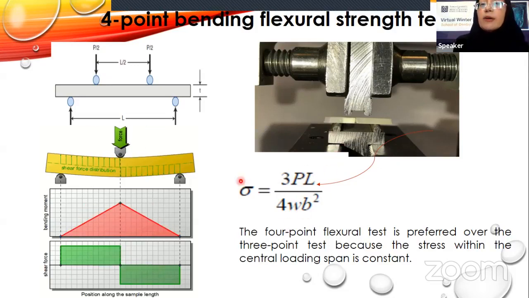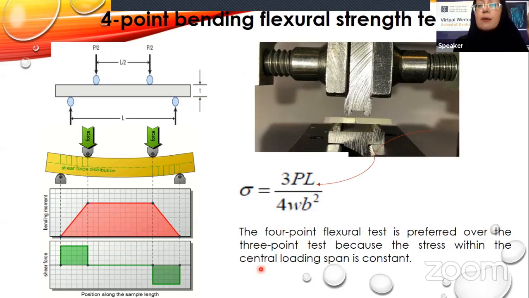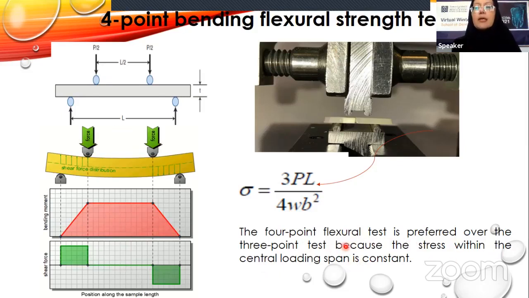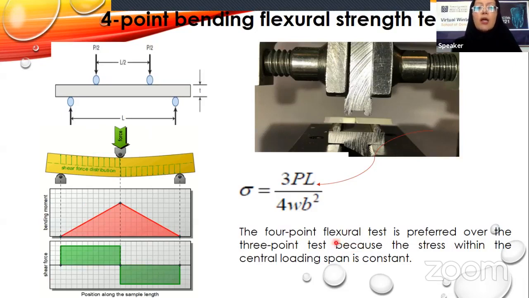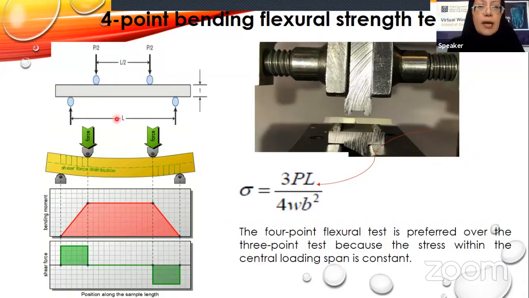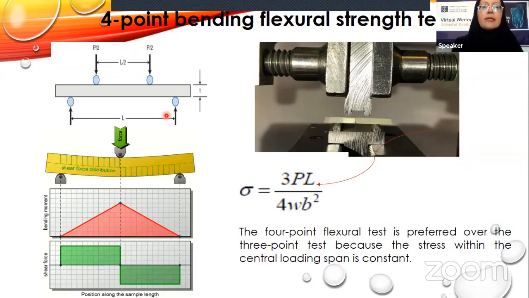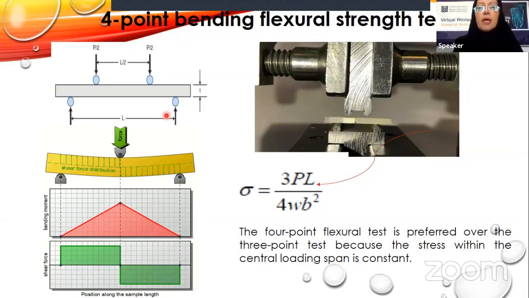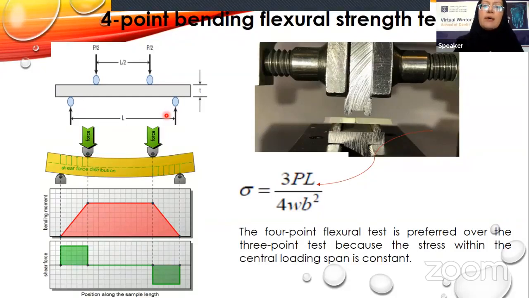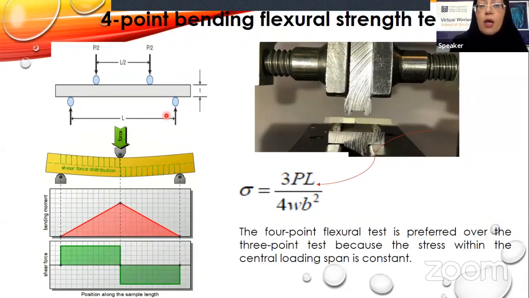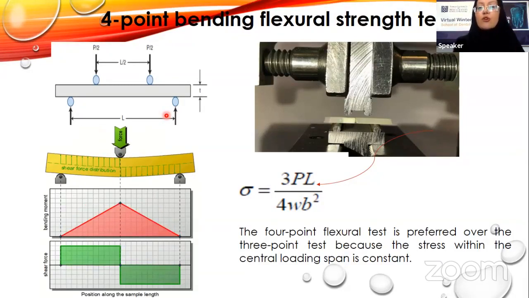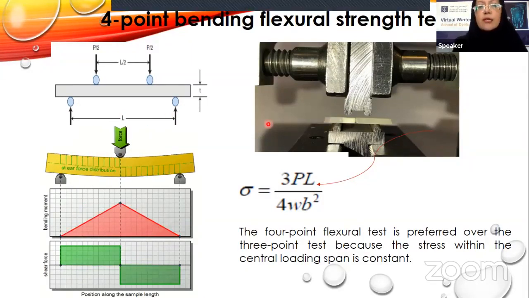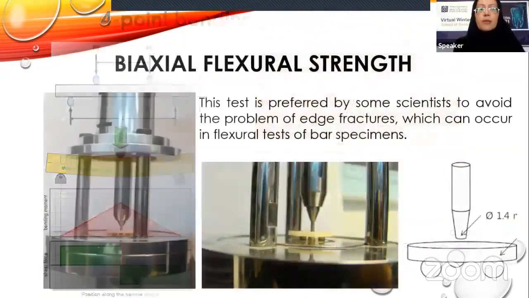Many scientists prefer 4-point bending flexural strength over the 3-point test because the stress between the central loading span is constant. It is claimed that this kind of flexural test is better than the 3-point one. But you have to consider your devices, facilities, and accessories. Fortunately, we have both of them in our department.